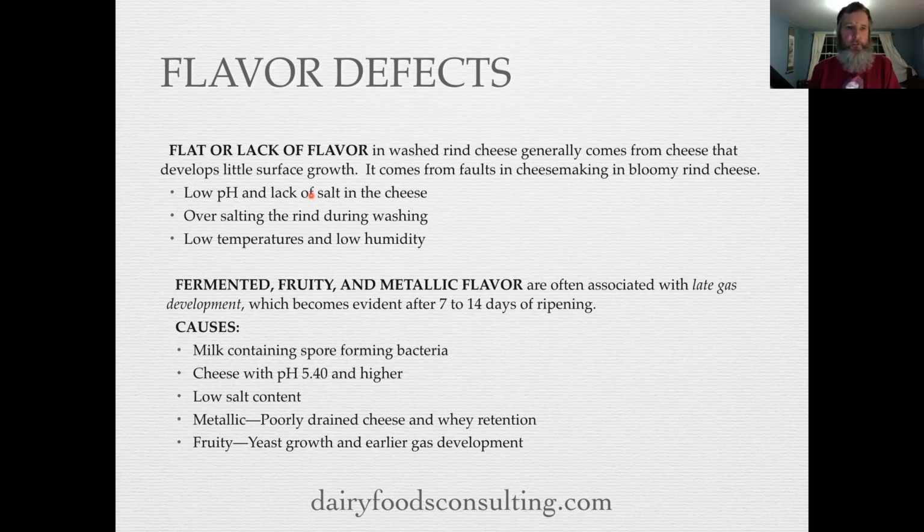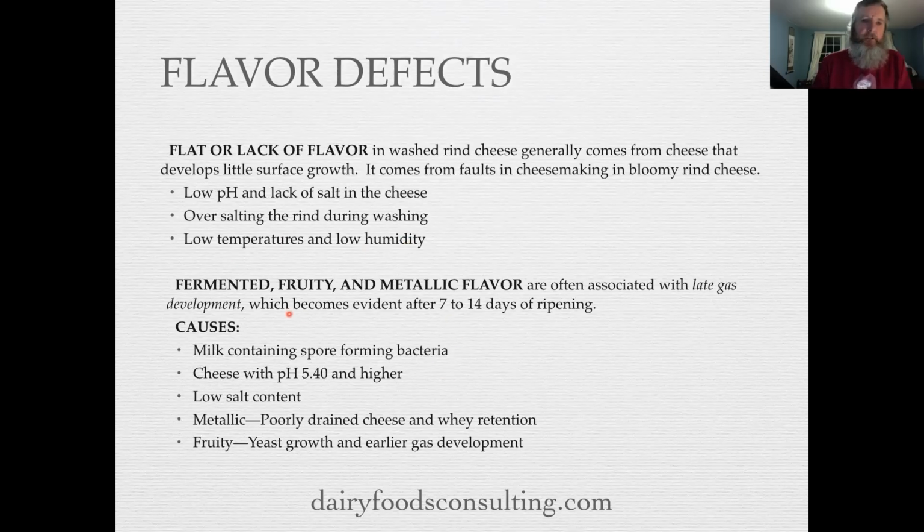So whether it's a bloomy rind cheese where we have lack of salt in the paste, it just doesn't really add to the flavor, or a wash rind cheese, but then here it's on the rind of a wash rind cheese, it was too salty. And so we can also discourage the development of the good microbes if we have these conditions.